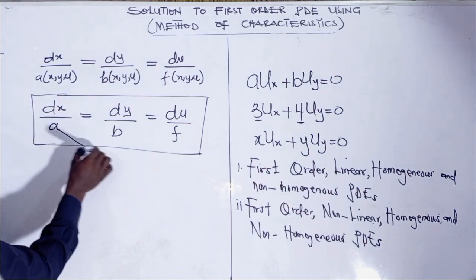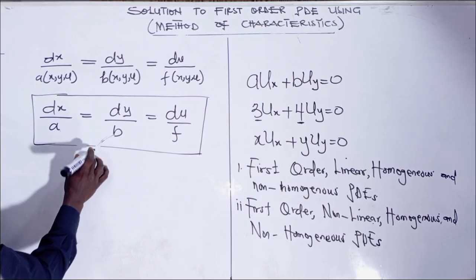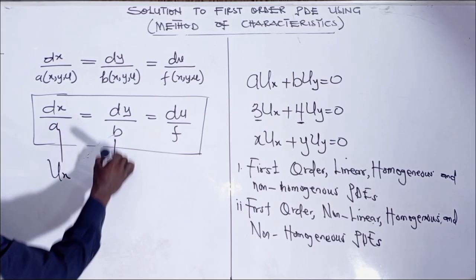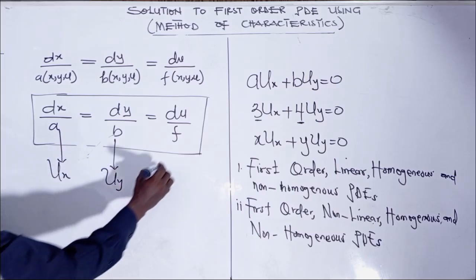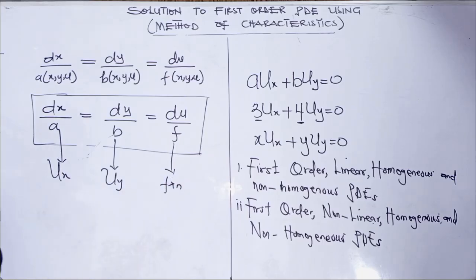Now this a and b are the coefficients. This a is the coefficient of ux, and this b is the coefficient of uy, and f is the function on the right hand side of the equal sign.